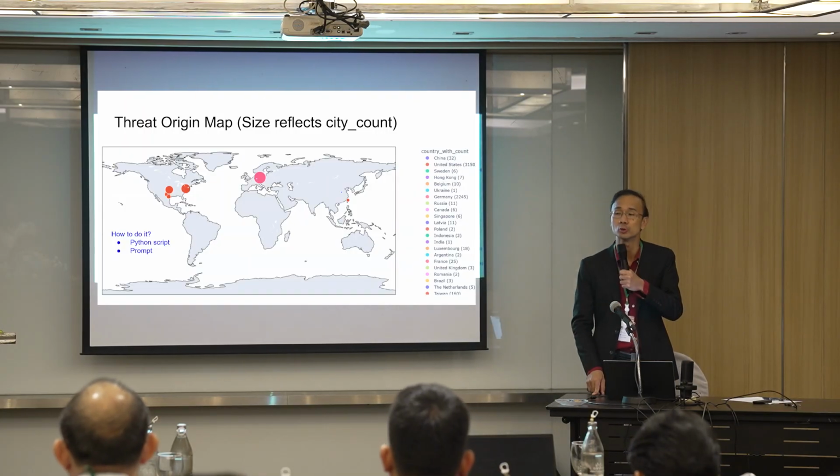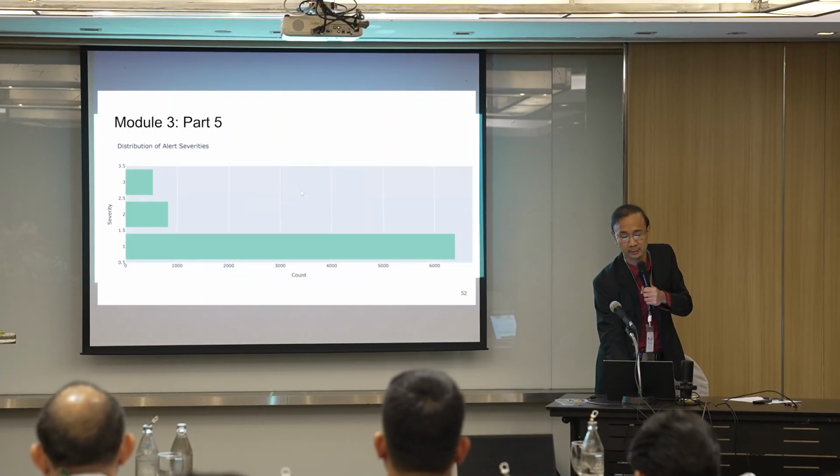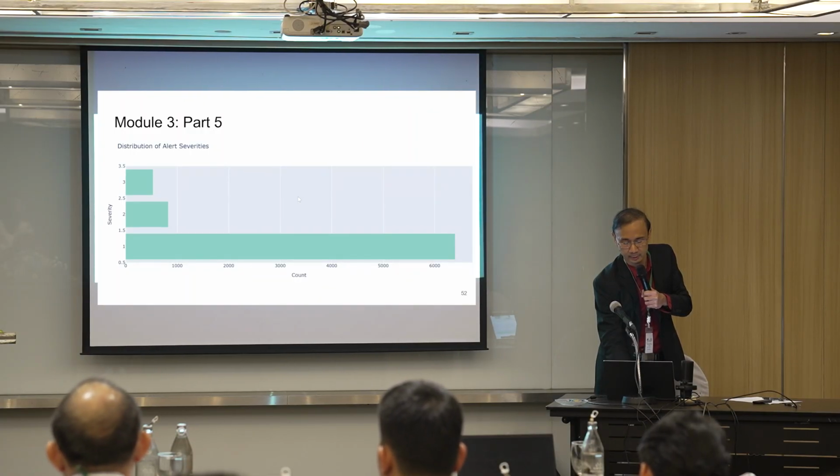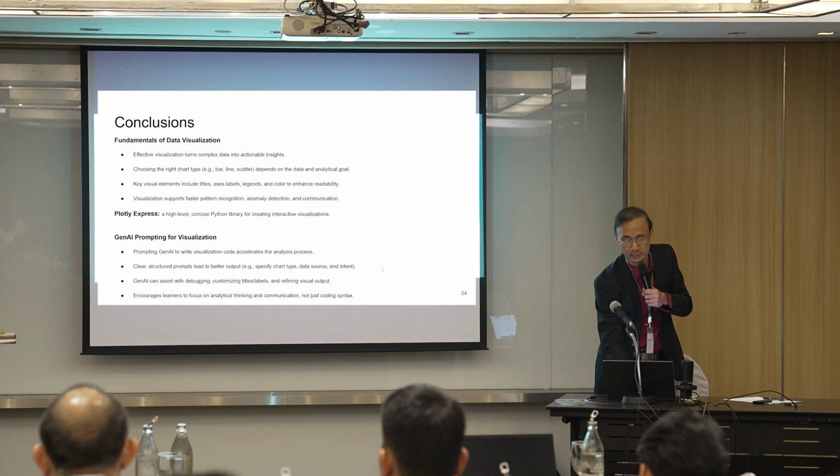That you can also do using Plotly. This is the plot of the number of alerts based on severity that you can try as well. And this is the recommended prompt that we mentioned.